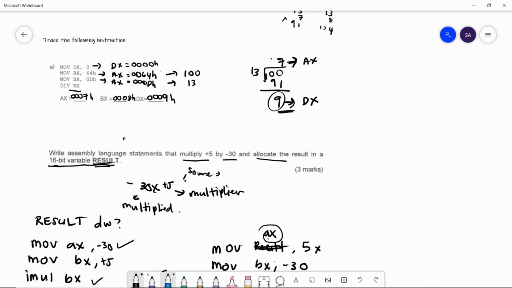Okay, so bila kita write the code, okay, pastikan kita keluarkan the statement tu dulu. So apa darab apa, okay, multiply 5 by negative 30.